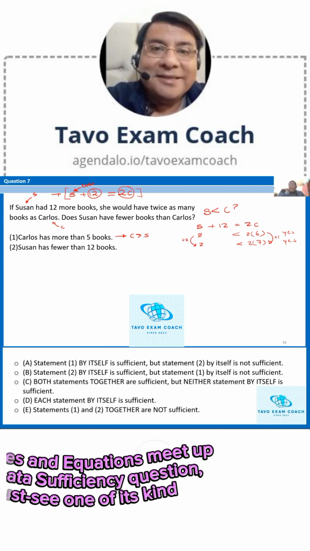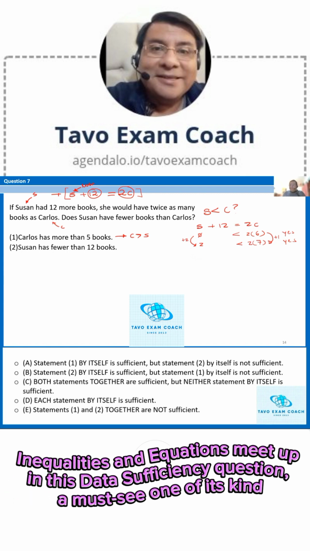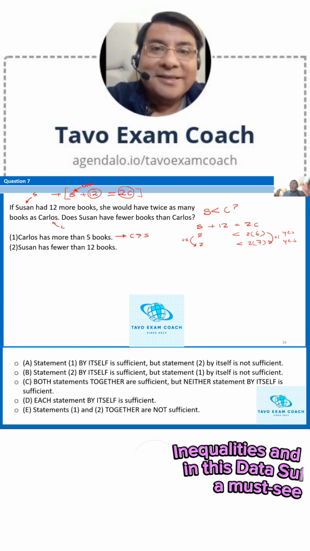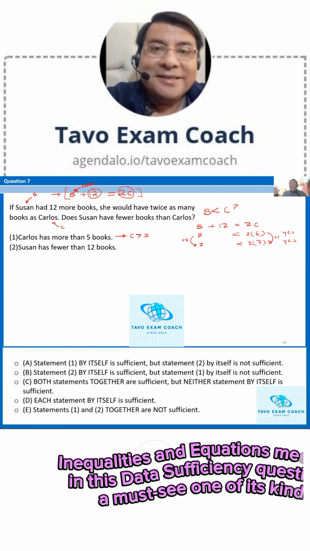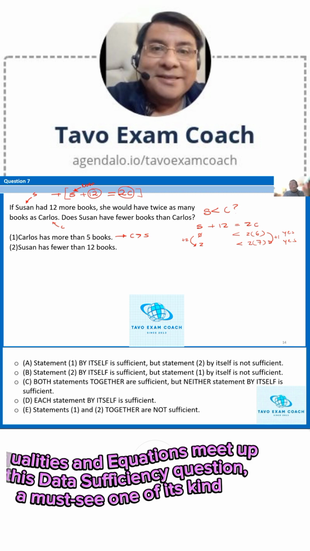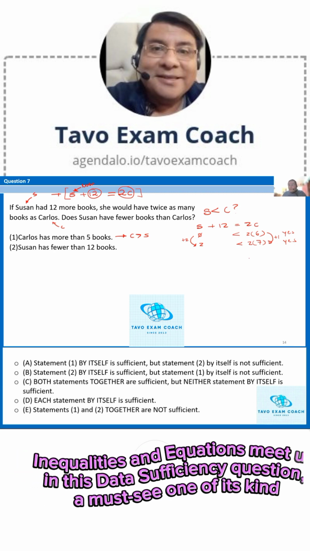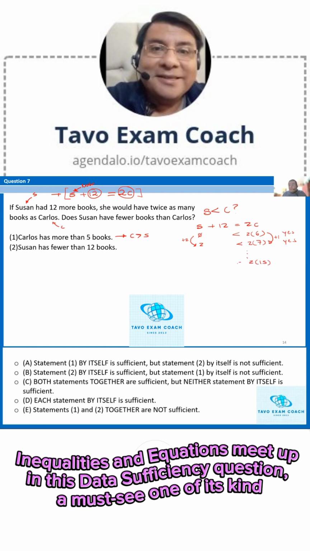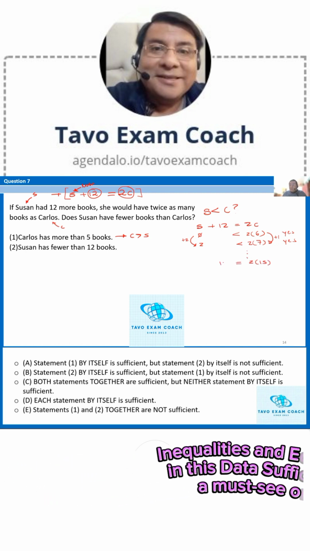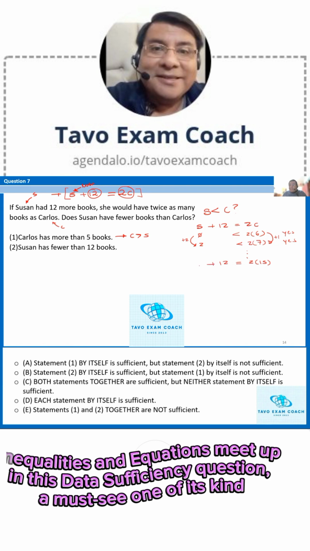So, in the end, if Carlos had actually far more books than 5, let's say for example 15, take a look at what would happen. 2 times 15 would be equal to 12 plus 18.